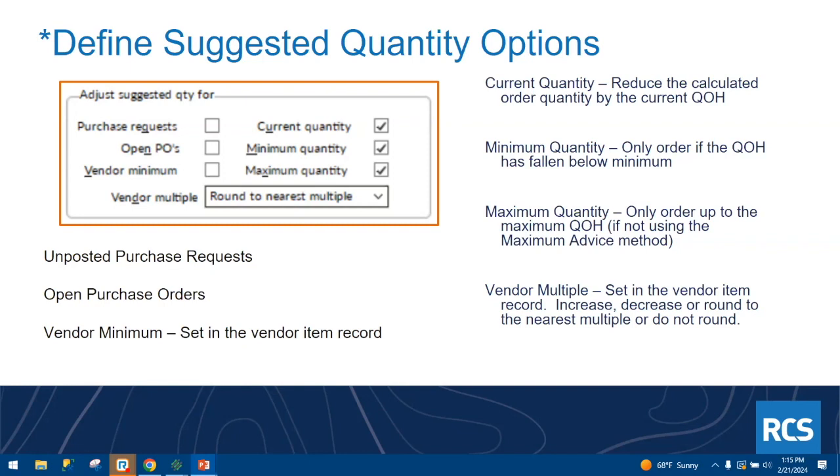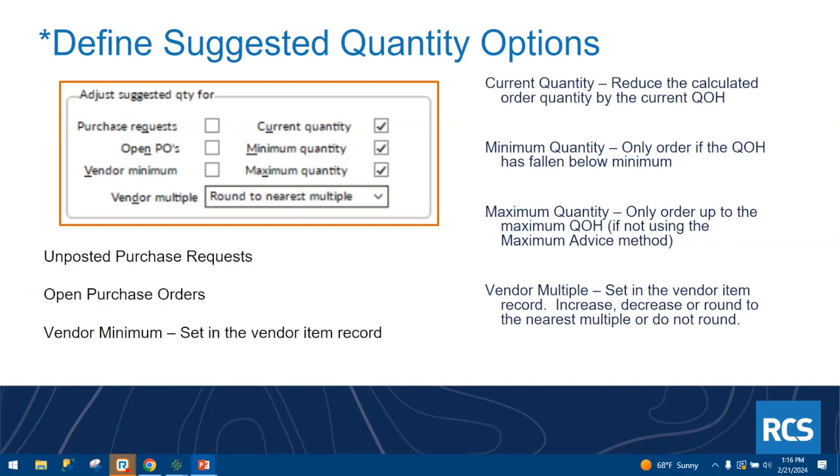We also can adjust down for our current quantity on hand. We can tell it we only want it to determine an order quantity for items that have fallen below minimum. We can tell it we only want to order up to maximum.